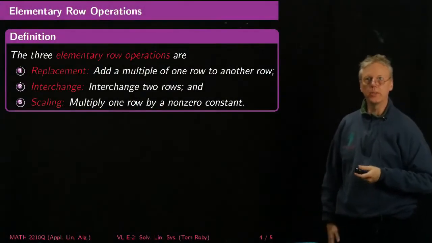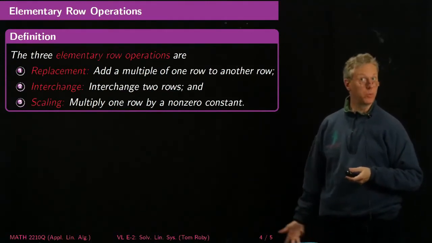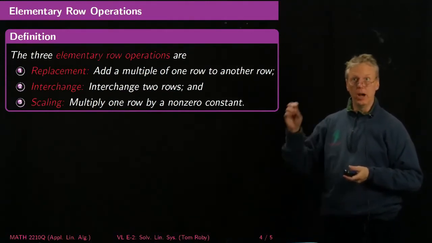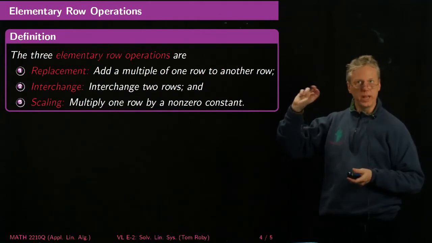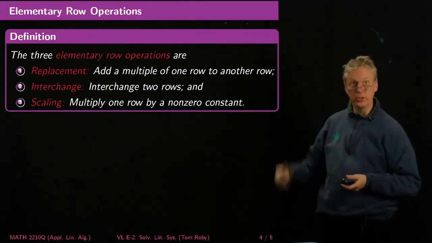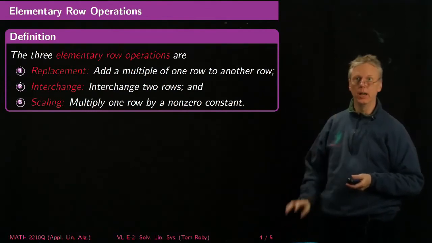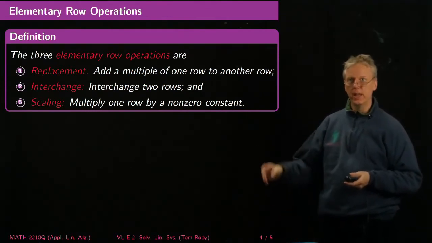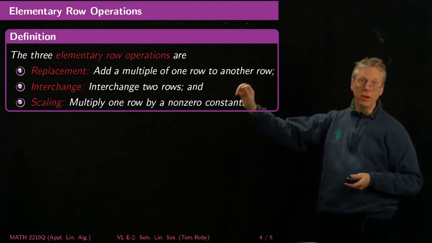Okay, so what are the three elementary row operations? One is that you can always add a multiple of one row to another row. That's the critical one, the one that allows you to eliminate variables, and it plays a major role in the class. Interchanging two rows is useful too.